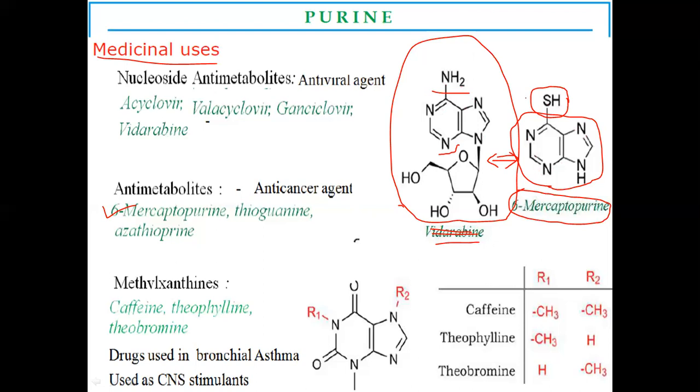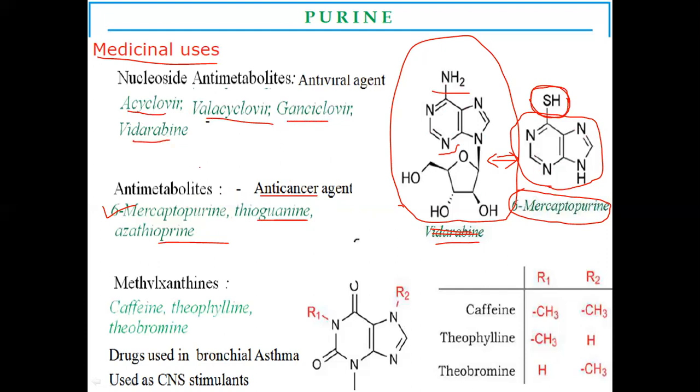Instead of this amino group, these mercapto groups enter into the DNA synthesis of the cancer cells, inhibit further growth of the cancer cells, and act as anti-cancer drugs. Apart from 6-mercaptopurine and thioguanine, which are thiopurines, other examples of antimetabolites are acyclovir, famciclovir, ganciclovir, and vidarabine.